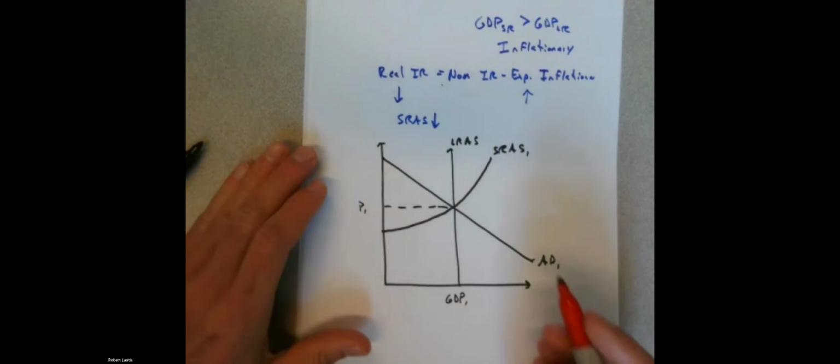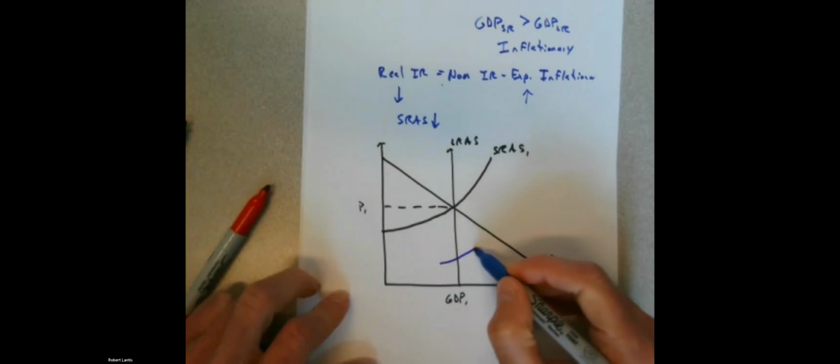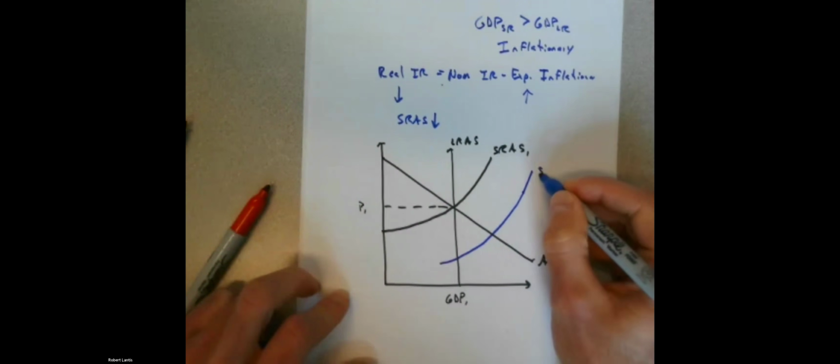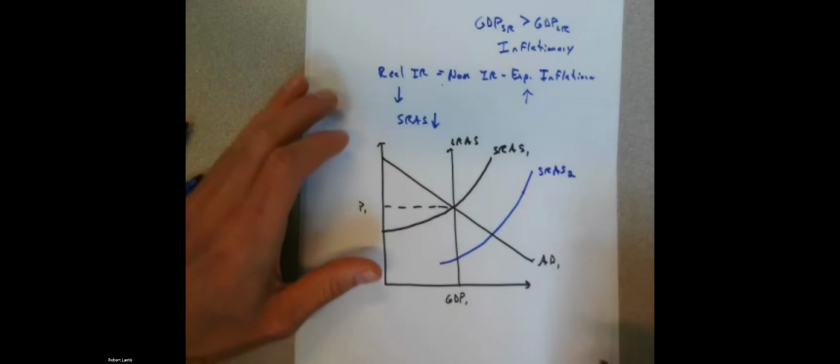So here our initial price level and our initial GDP were right here. So I'm going to draw these effects on the same graph. So we had a what? Increase in only short run aggregate supply. And then we had an increase in aggregate demand as well.